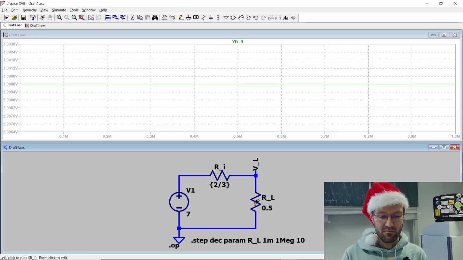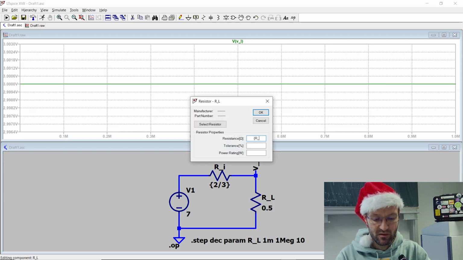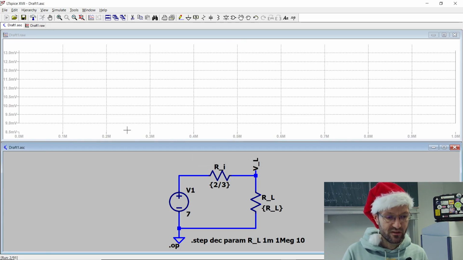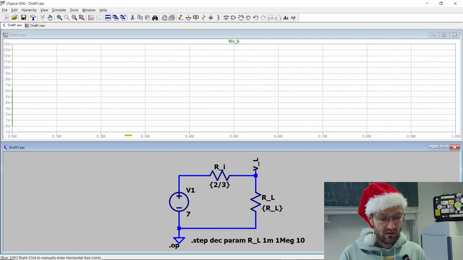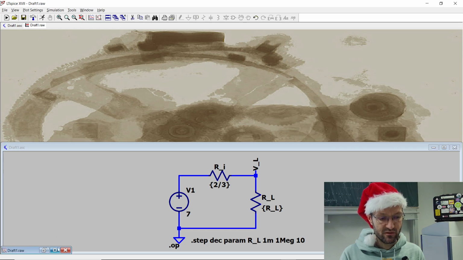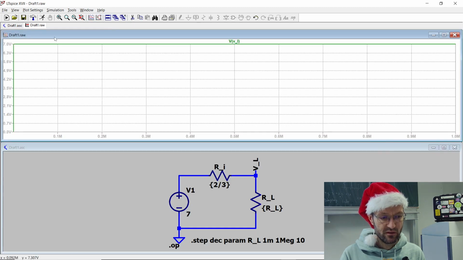Okay, maybe my simulation is rubbish because it still uses the 0.5 value. So I maybe need to switch this to RL and rerun the simulation once again, and close this so that the simulation runs a bit faster, but now it should already be finished. And we can tile the windows once again horizontally.